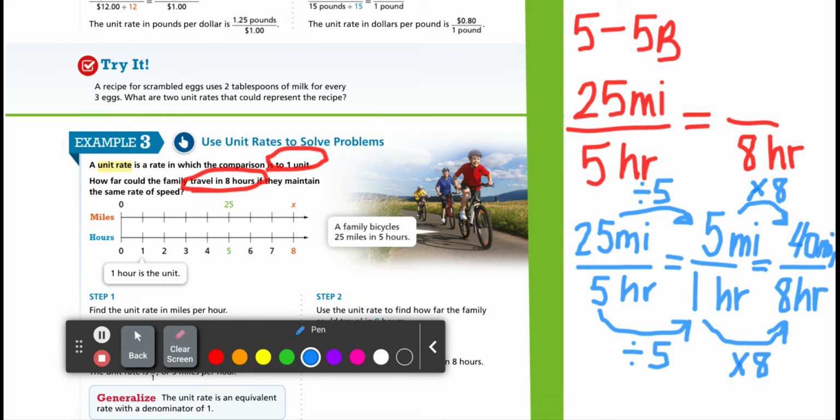So now if I wanted to check my work using my cross multiply and divide, I can do that. 25 times 8 is 200. So then 5 times something has to be 200. And it would be that 40 miles. So it checks. So you can use that cross multiply then divide if you wanted to check it there.